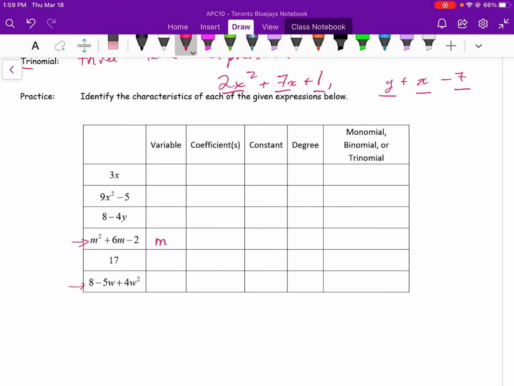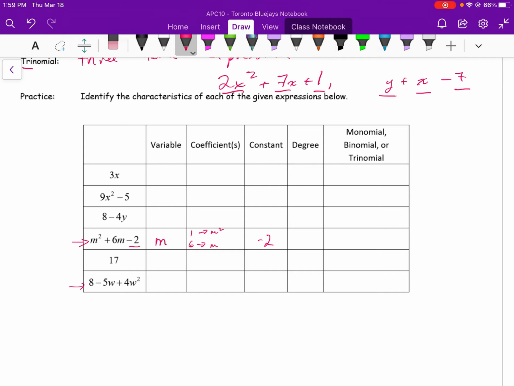The coefficients, there are actually 3 of them. 1 corresponds to m squared. 6 is the coefficient for m. So there are 2 coefficients, one for m squared, one for m. The constant is the number that is clearly defined all by itself, and that's -2.